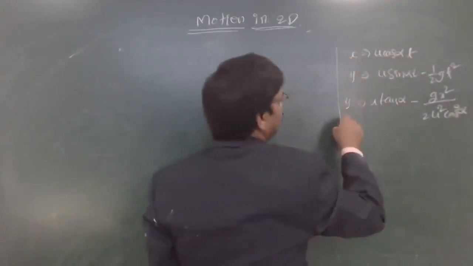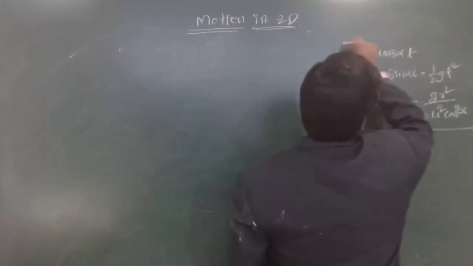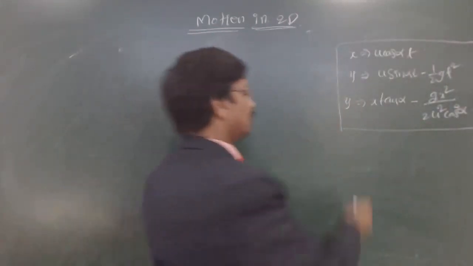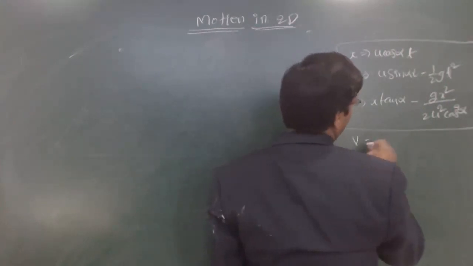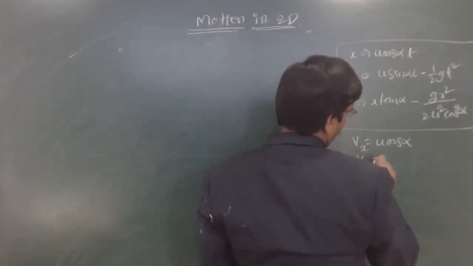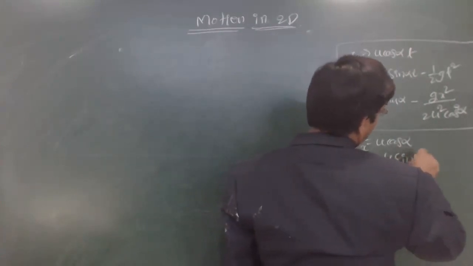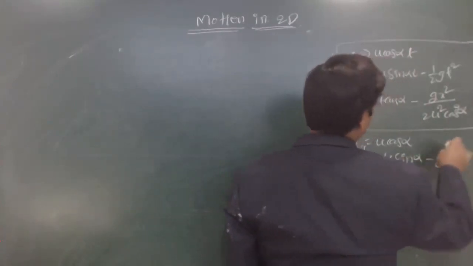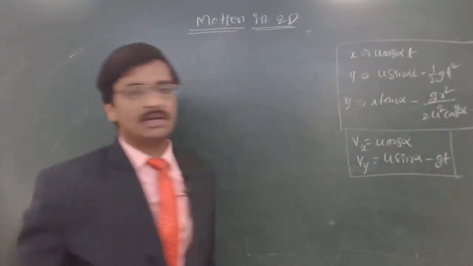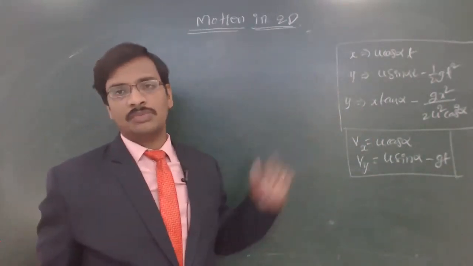So these are the fundamental relations in case of projectile. Got it? So at any instant the velocity can be treated as vx equal to u cos alpha and vy equal to u sin alpha minus gt. So this is the velocity relation. So we have got the complete kinematical behavior in case of a projectile motion.